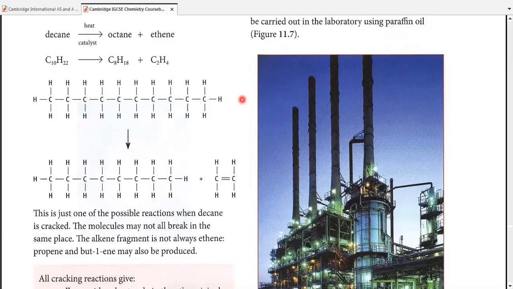Nonane, C9, is the reactant. In the presence of heat and catalyst, it is going to give you 2 products. One of them is an alkane, which is hexane, that is C6, right? And the other one is an alkene, ENE, I mean a doubly bonded compound.